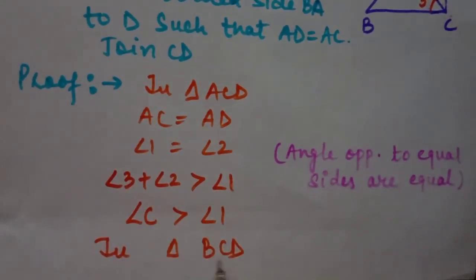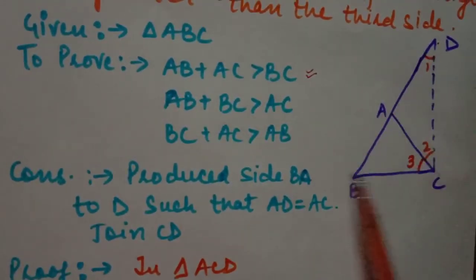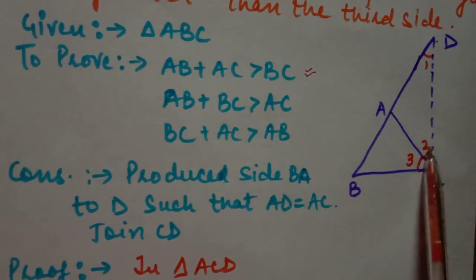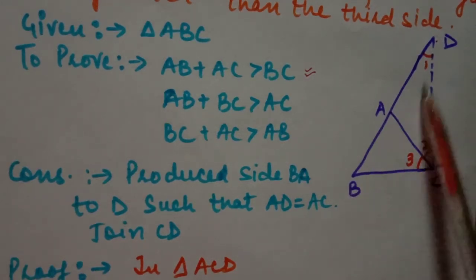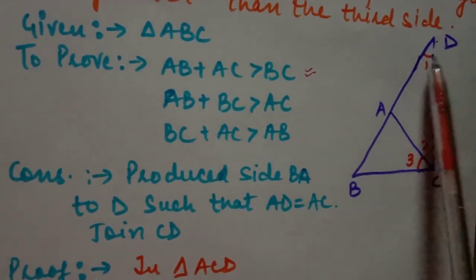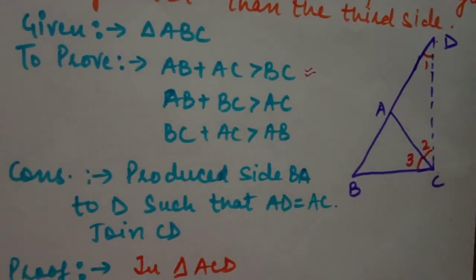In triangle BCD, that means the complete triangle. If angle C is greater than angle 1, then the side opposite to angle C, which is BD, is greater than the side opposite to angle 1, which is BC. It means BD is greater than BC.